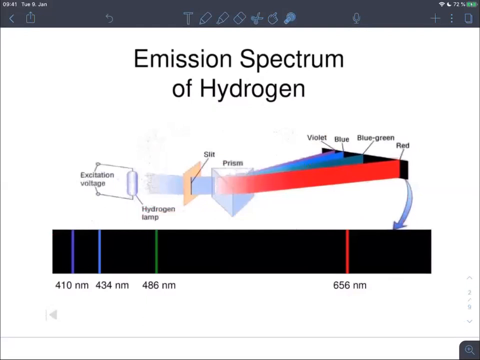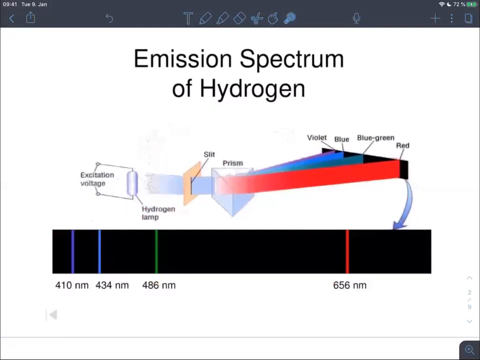Unlike the case with white light, which gives a nice continuous color spectrum, we get instead very isolated or discrete color lines, like the ones we have here, with very wide black regions in between, like the one I'm showing here, which show missing or absent colors of light.